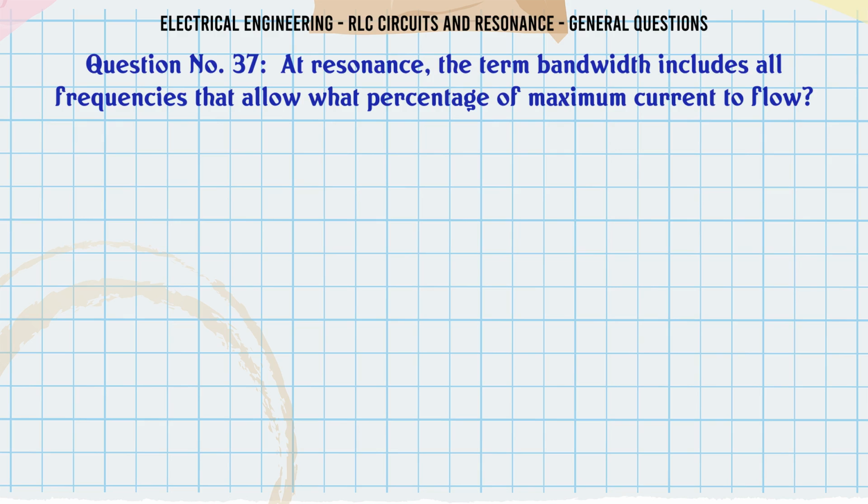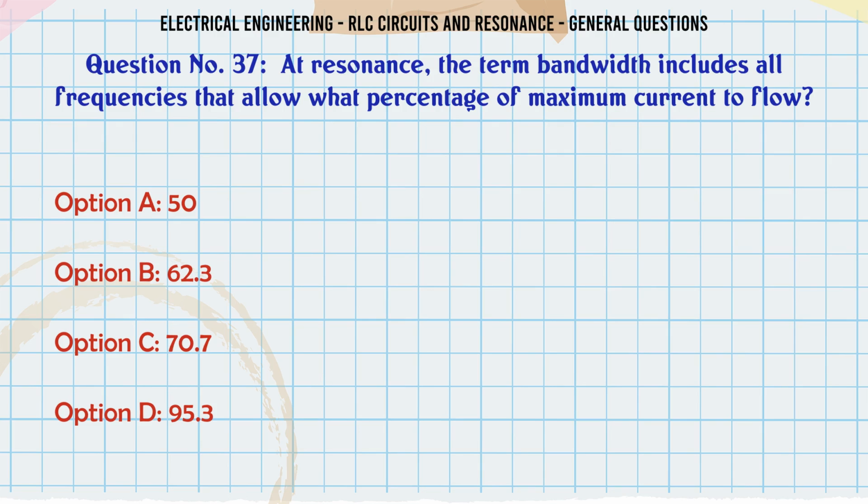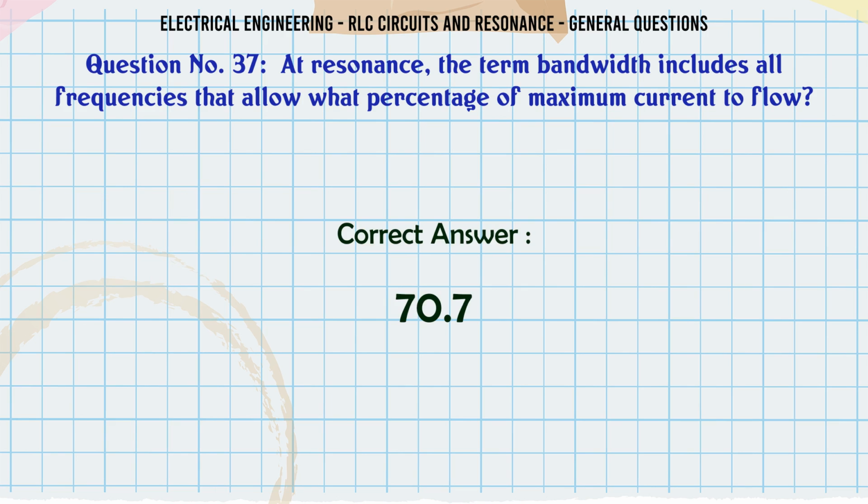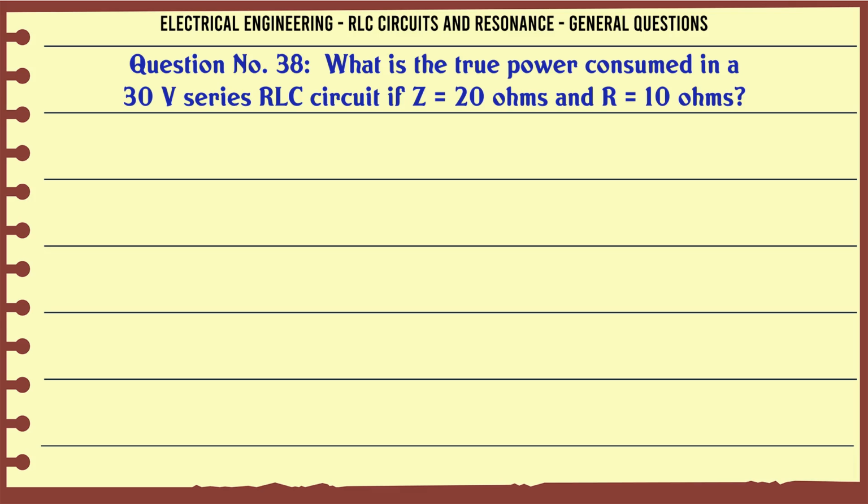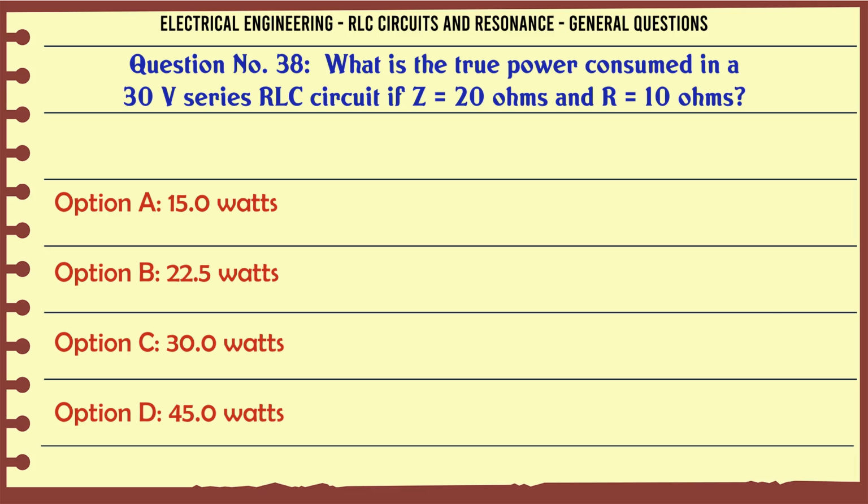At resonance, the term bandwidth includes all frequencies that allow what percentage of maximum current to flow? A. 50. B. 62.3. C. 70.7. D. 95.3. The correct answer is 70.7. What is the true power consumed in a 30 V series RLC circuit if Z is 20 ohms and R is 10 ohms?